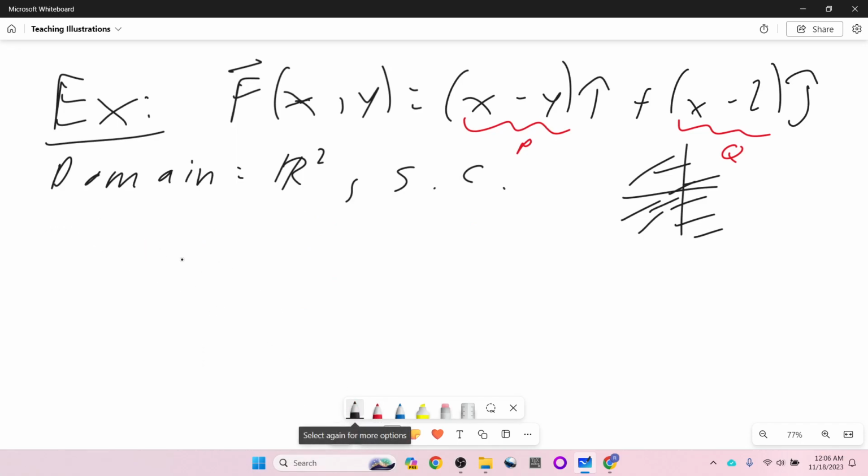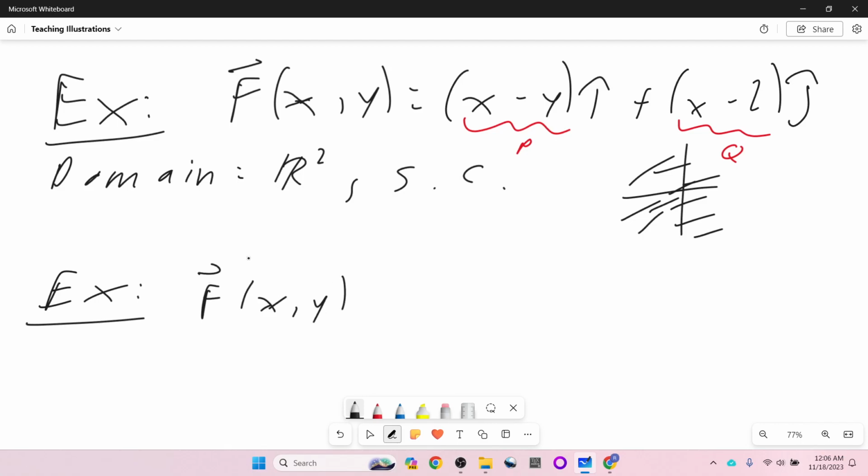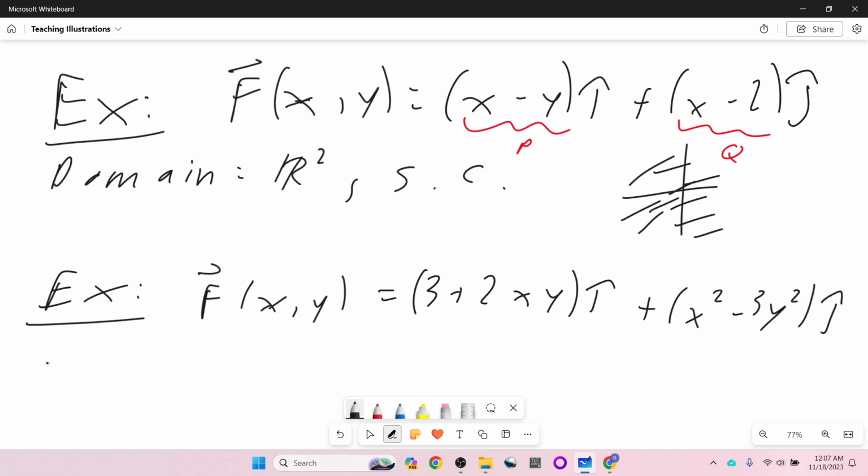What about, take a new function. F of x, y equals 3 plus 2xy i plus x squared minus 3y squared j on R squared.